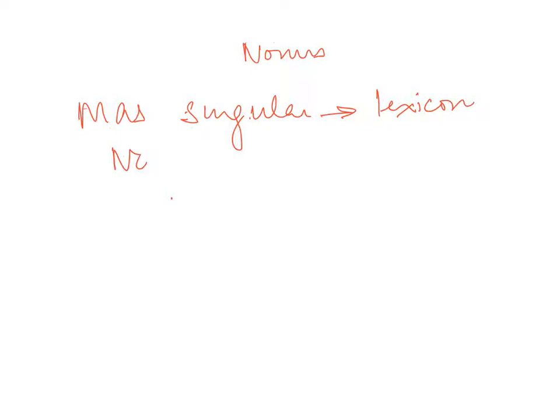Because there is no typical ending, no particular ending which will tell me that it is a masculine singular. Bear that in mind. It is endings which distinguish feminine, and you have very distinct endings for masculine plural, feminine plural, and so on. But we really do not have a typical ending for a masculine singular.